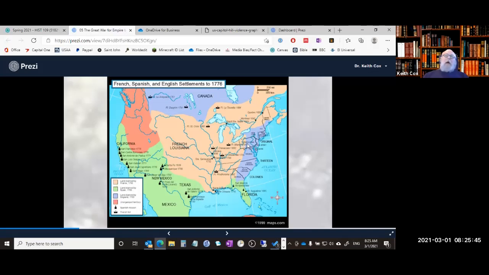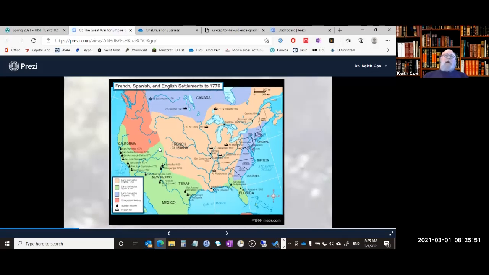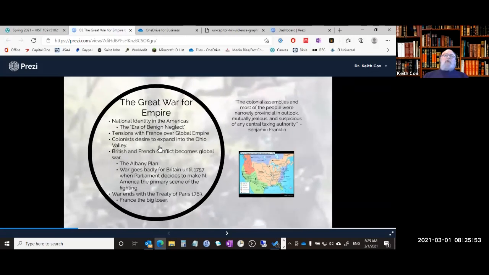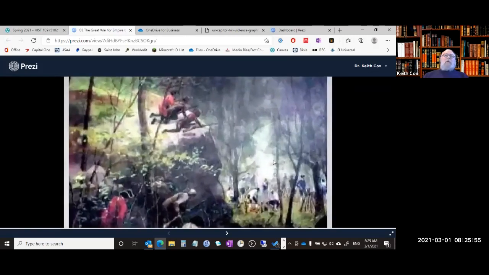And in that battle, the French ambassador will be killed. All right. Let me just go back here for a second and show you this painting. This is a depiction of the battle where the Virginia colonists are sneaking up on the French, right?